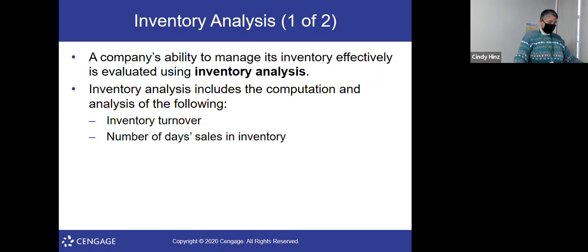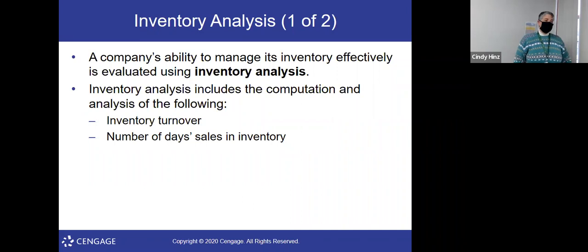We did that on Tuesday with the receivables analysis, where we calculated days' sales uncollected, or number of days' sales in receivable, something like that. The terms mean the same thing. The inverse of that is receivables turnover. So we looked at both of those calculations for analyzing how quickly we are collecting from our customers.